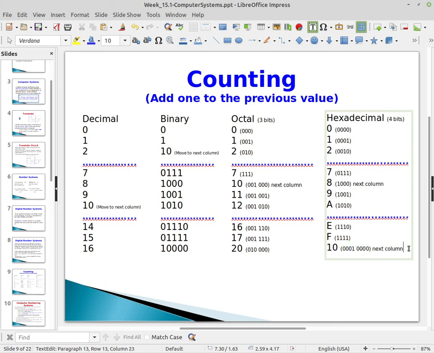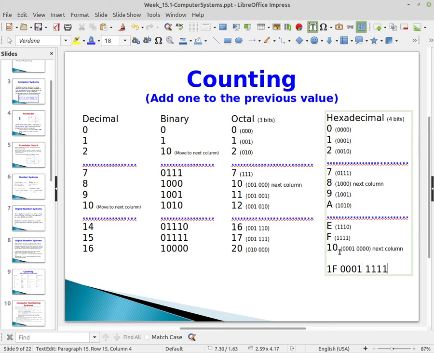Now if we were to carry this on up here, so that if we had 1F, for instance, 1F would represent 001 and then all ones.